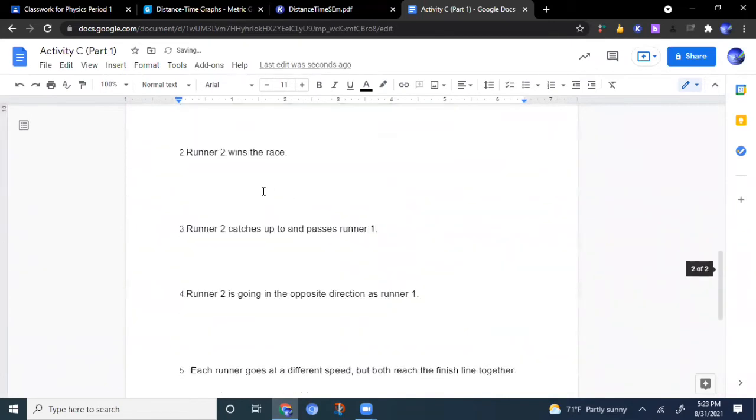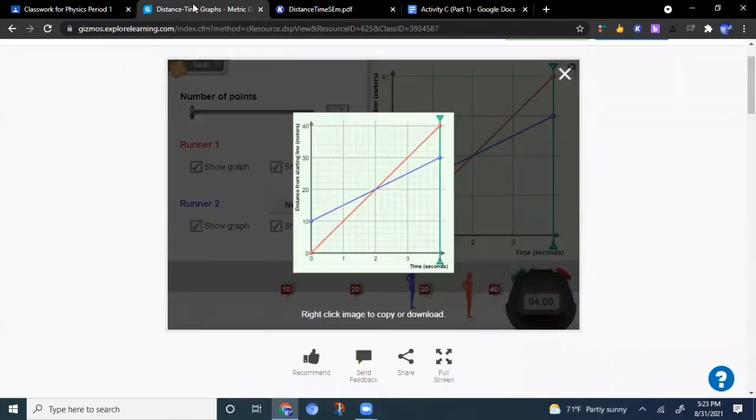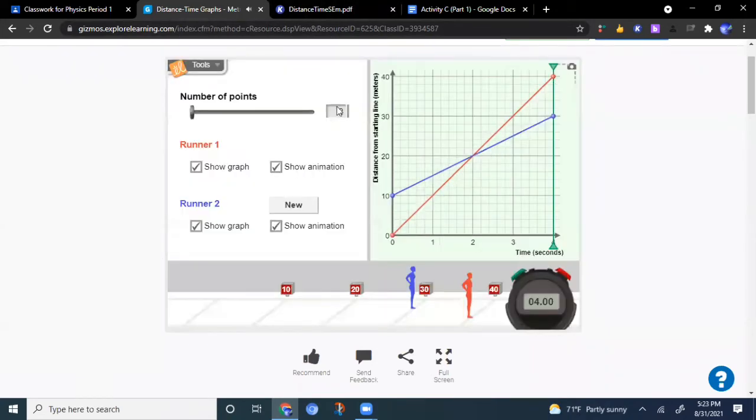Number 2, what might it look like if runner 2 wins the race? Well, runner 2 wins the race. It's kind of the exact opposite, right? So runner 2 wins the race. Could have something like this. Say we have runner 1.